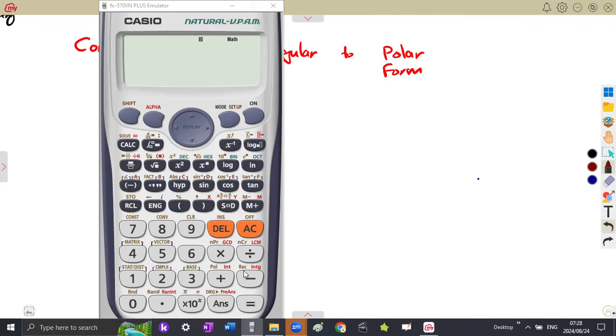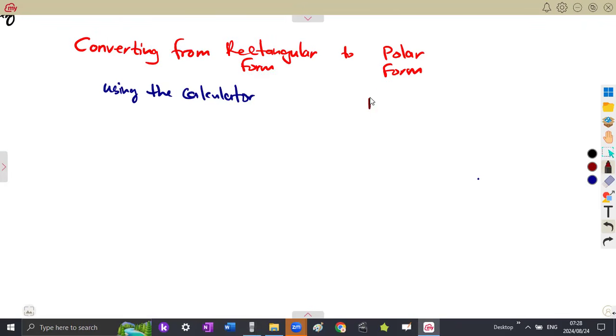On the negative there, it is written rec. This is for conversion to the rectangular form. So once you see pol, it means you are converting to polar form. Once you see rec, it means you are converting to rectangular form.